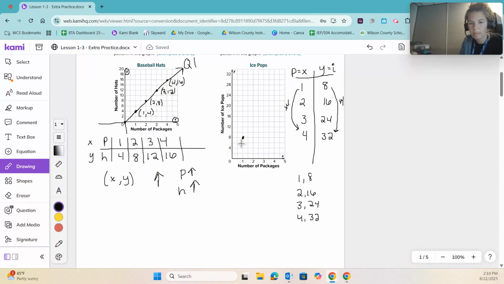Again, one package is 8 ice pops, so those line up. 2 packages is 16. 3 packages is 24. And 4 packages is 32. And again, this relationship is increasing. As packages increase, so do ice pops.